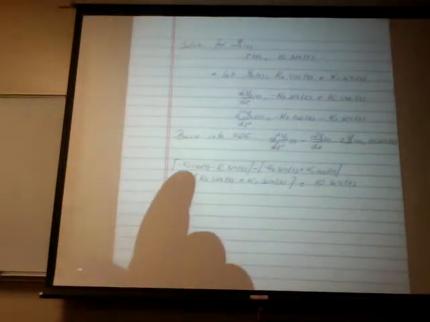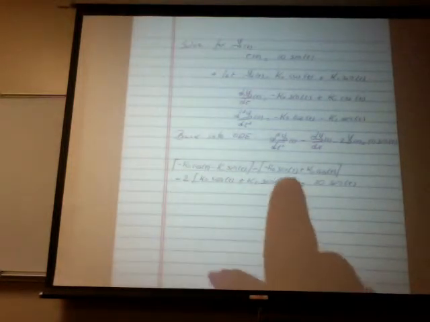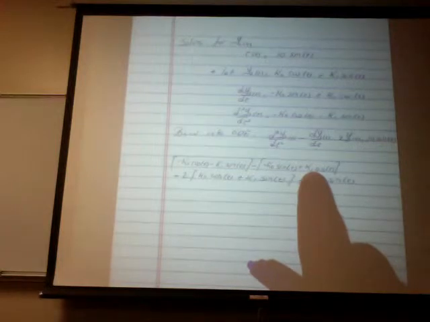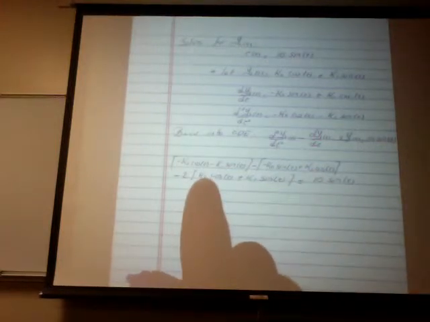So again, the next step will be to group all the cosines together and all the sines together. So we have minus k0 multiplying a cosine, we have minus k1 multiplying a cosine, and we have minus 2k0 multiplying a cosine.